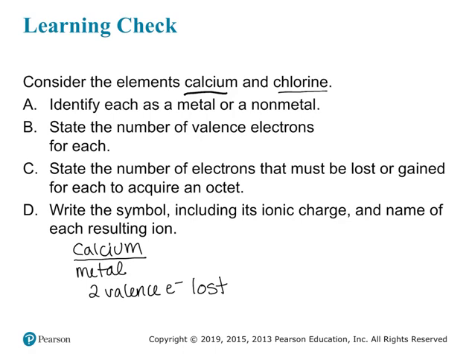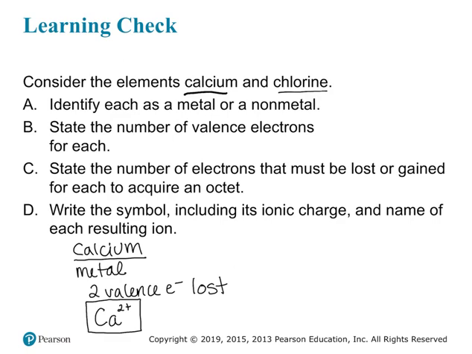Okay, so if it loses its 2 valence electrons, all we're going to do is write the symbol for calcium with a little 2+ symbol up above. So that is our calcium ion symbol. And how would we name this ion? So we would just call this a calcium ion. We don't really change its name.